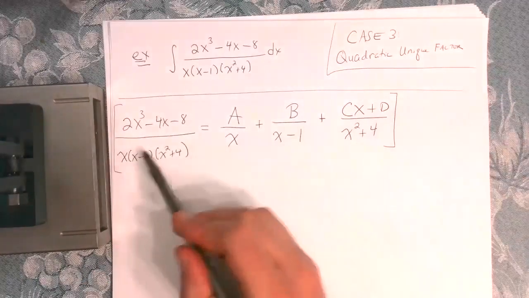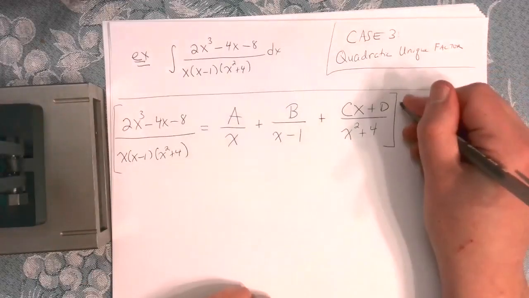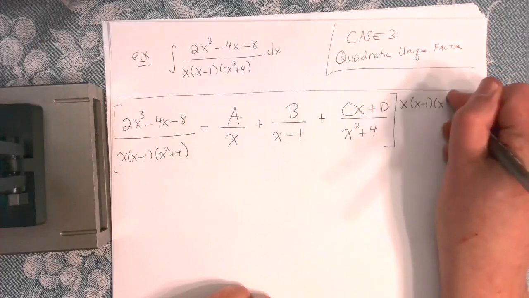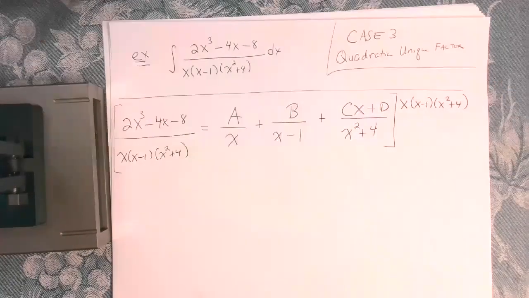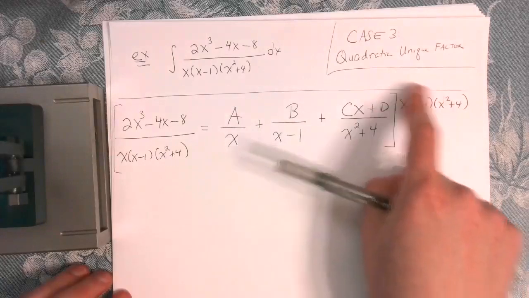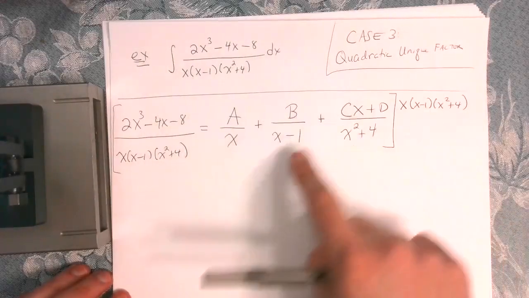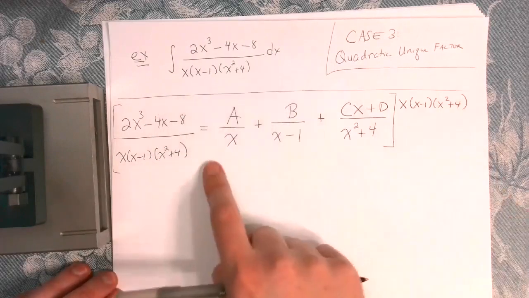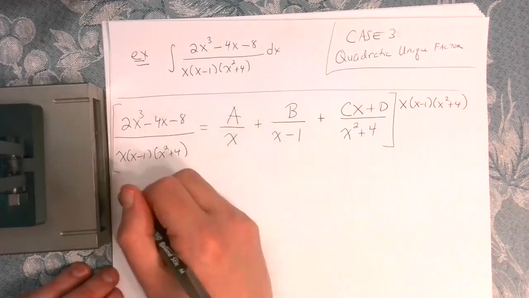Okay, so I'm going to multiply through by this. So that's x times x minus 1 times x squared plus 4. You're going to see me distribute all the way through and cancel at the same time. So imagine distributing to all the parts and imagine what would cancel. Let's see what you're left with.